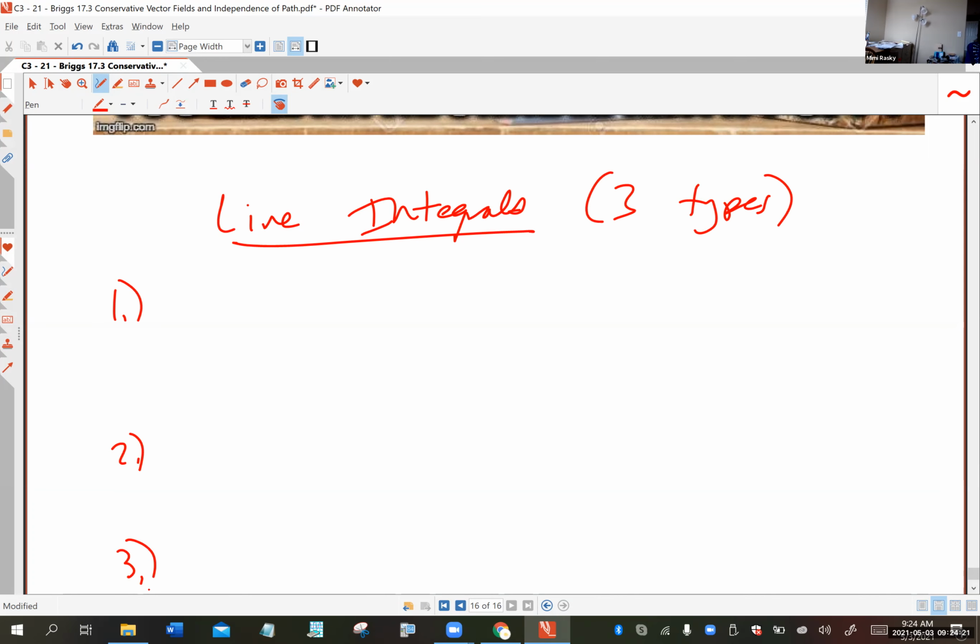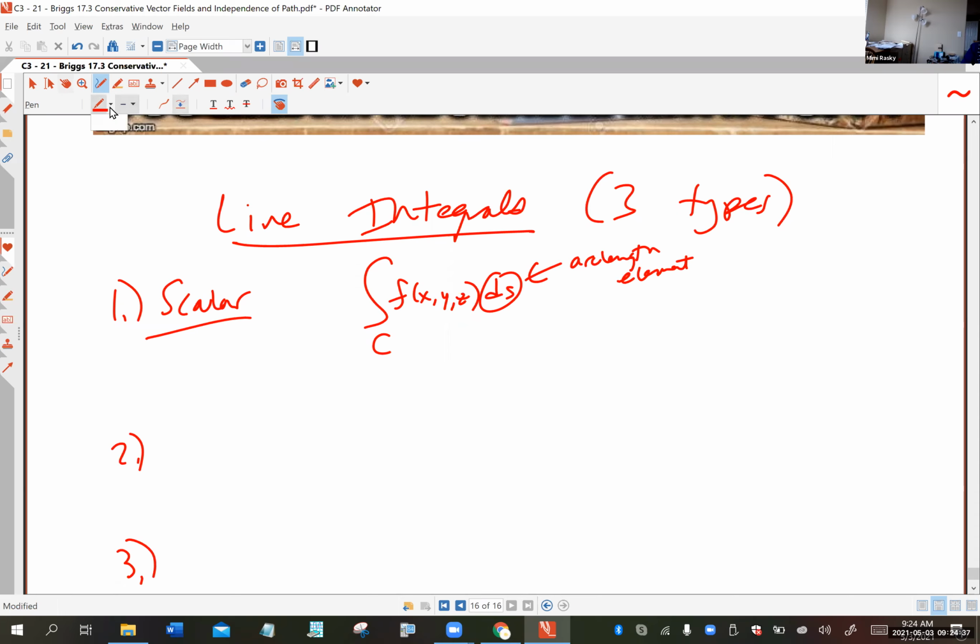The scalar type has this look to it. It's going to have a scalar function, and then it's going to have ds. This is the arc length element. It does not mean dx. Please note this is not dx or dy.